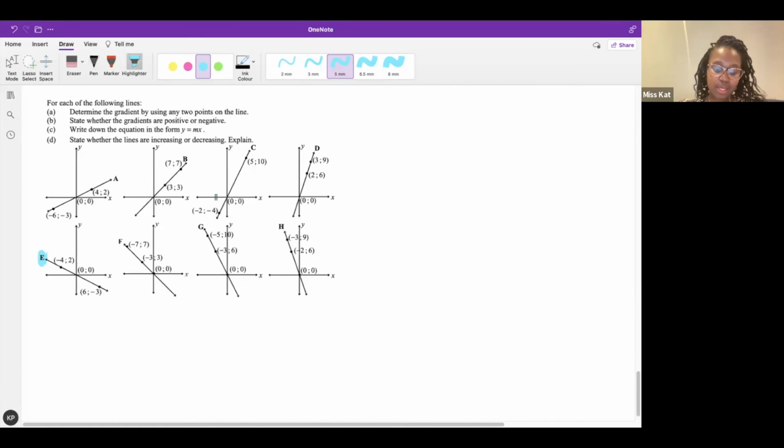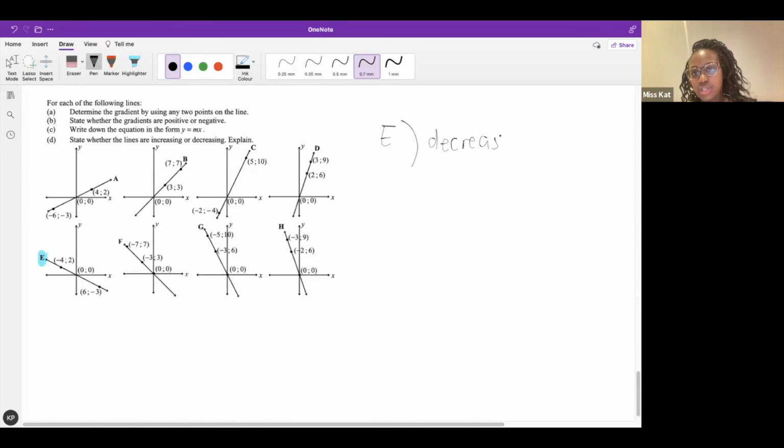Is number E an increasing or a decreasing graph? Rapafat says decreasing. We don't have time to do all of them. So we have agreed that it is decreasing.